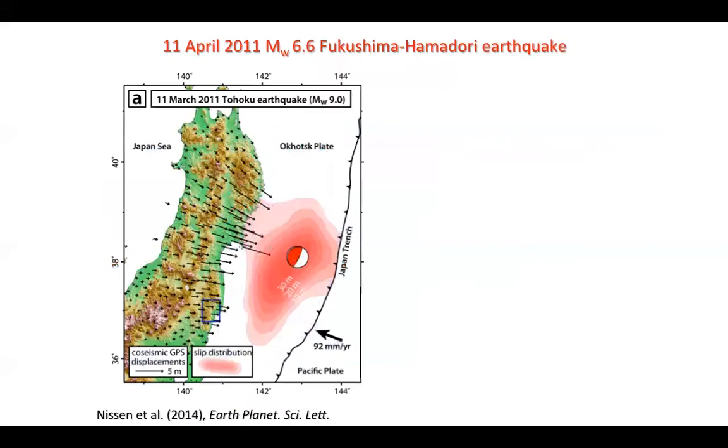So first we'll talk about some of Ed's work on the 2011 magnitude 6.6 Fukushima Hamadori earthquake. And this was a normal fault event that occurred 1 month after the Tohoku earthquake. The Tohoku earthquake is here, and then this 6.6 event is down here.